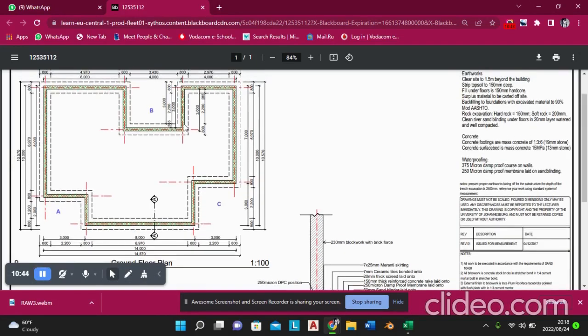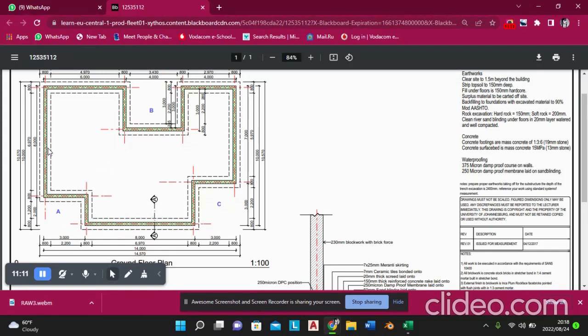We'll have to calculate the area of the floor. I can say the area of the DPC, or the area of the concrete surface bed, which is this one. It's from here to here, from here to here, from here to here, from here to here.